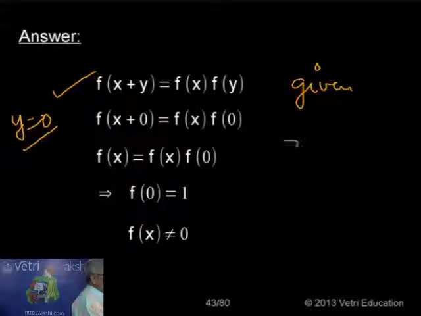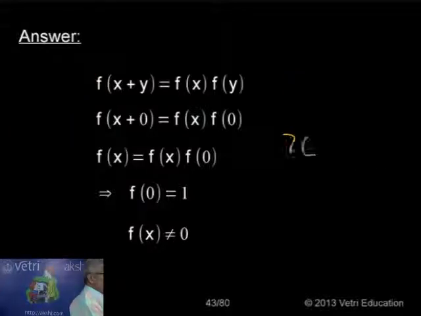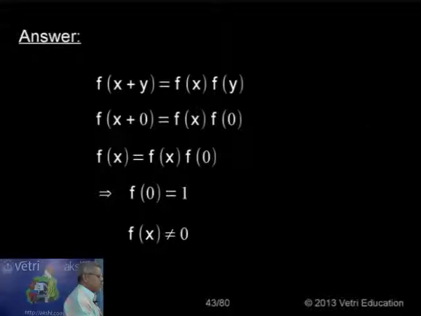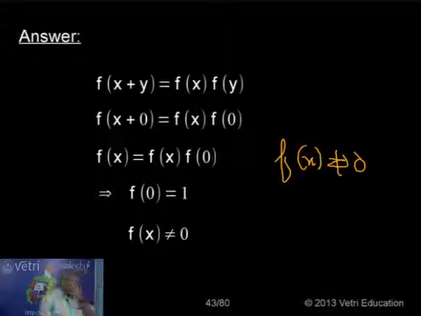Suppose you have 7 into 0 is equal to 8 into 0, we cannot cancel 0 and say 7 is equal to 8. We can cancel a quantity only if it cannot take the value 0. So here f of x is not equal to 0, that's why we are cancelling f of x.